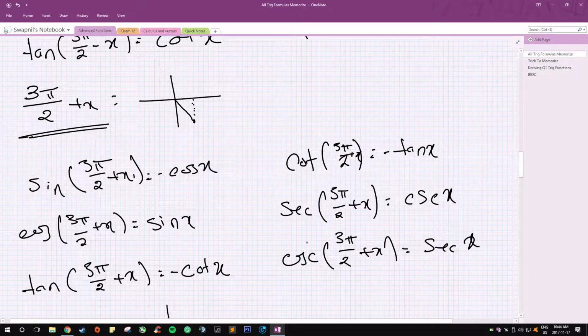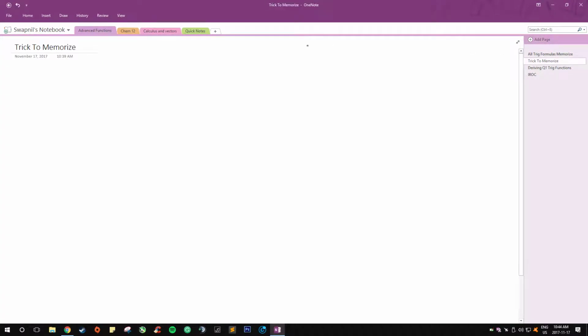So you should know why, or what they give you, such as the sine of pi over 2 plus x gives you cos x, right? And you should know why this happens, but if you don't have the time, or if you already know why it happens but you're just having trouble memorizing it, here's a quick tip, and this is very effective.